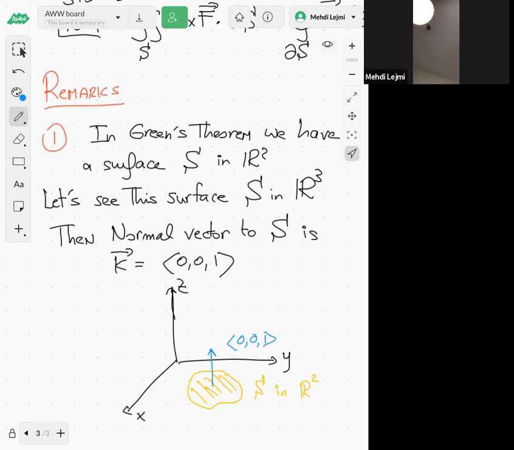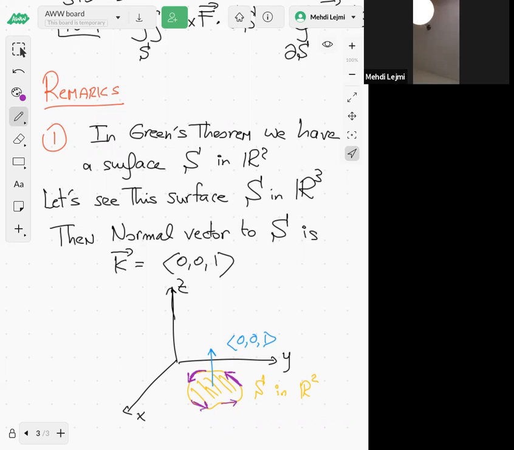Remember, in Green's theorem, we need to orient the boundary of the surface so that the surface is on the left as one traverses the boundary of S. So here, the boundary would be oriented like this.